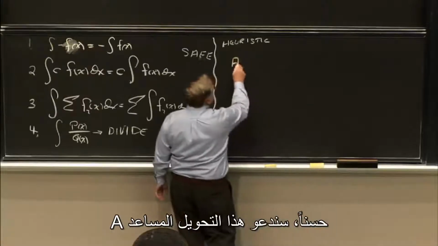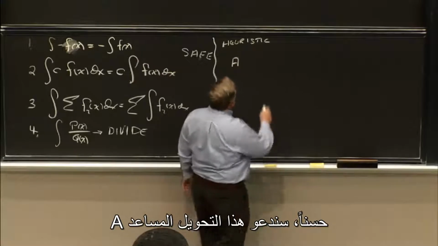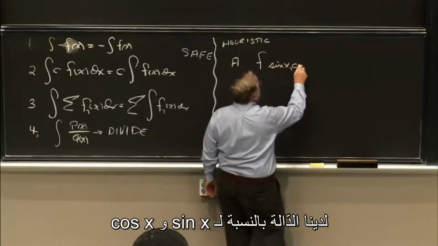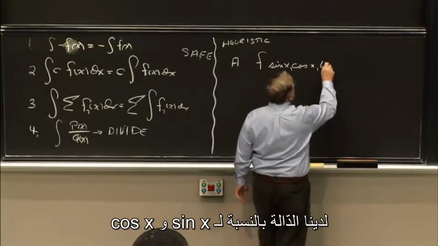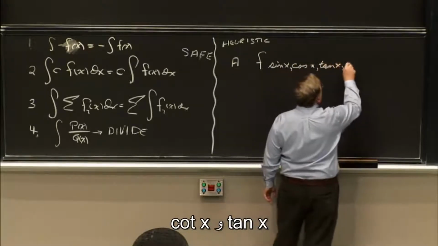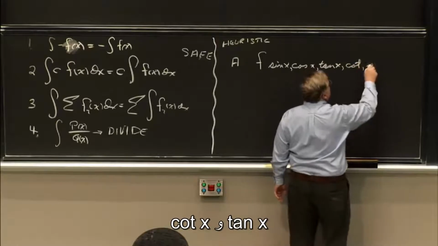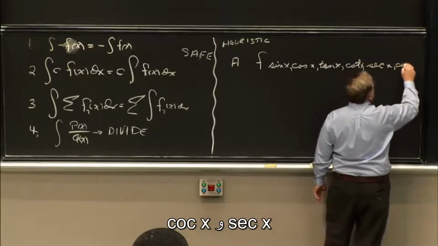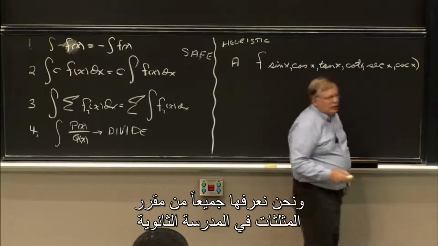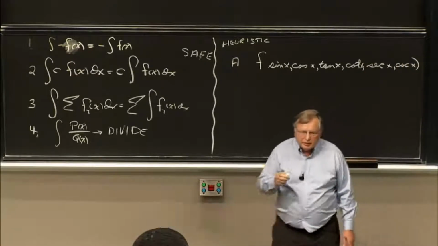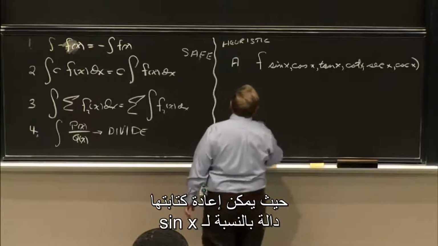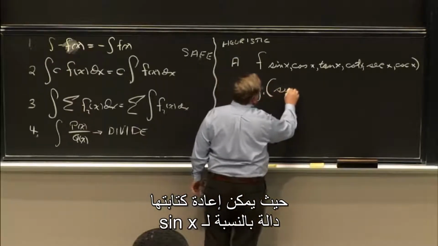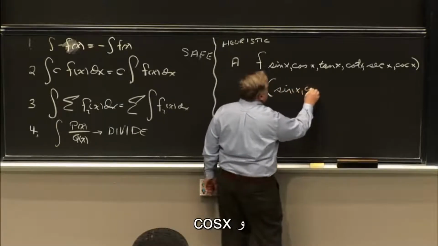We'll call this heuristic transformation A. You have a function of sine x, cosine x, tangent of x, cotangent of x, secant of x, and cosecant of x. And we all know from high school trigonometry that we can rewrite that as a function of sine x and cosine x.